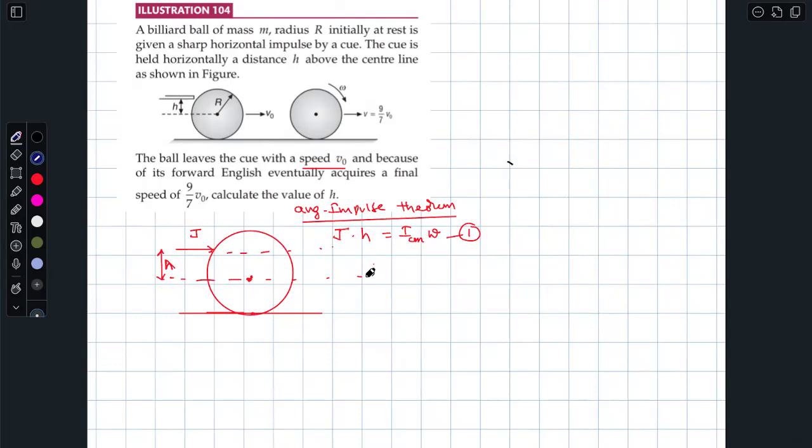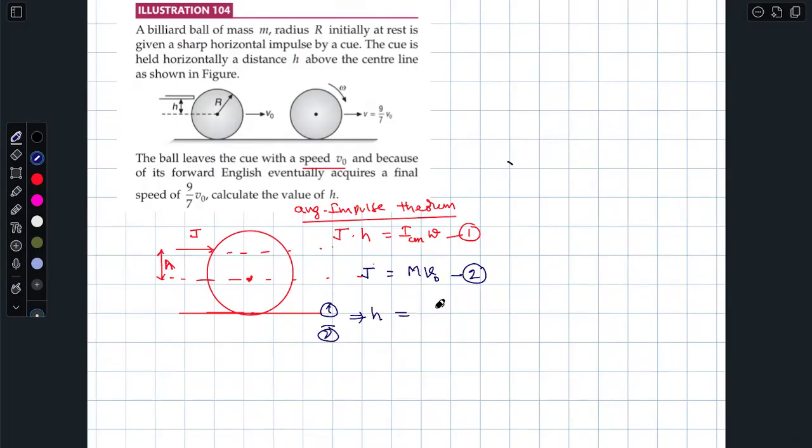Next, you have given impulse and hence it got a velocity, m v naught. Right. Now take equation 1 by equation 2, and h will come.